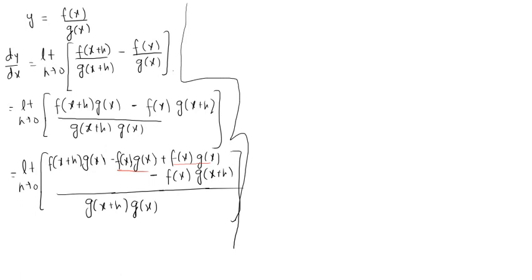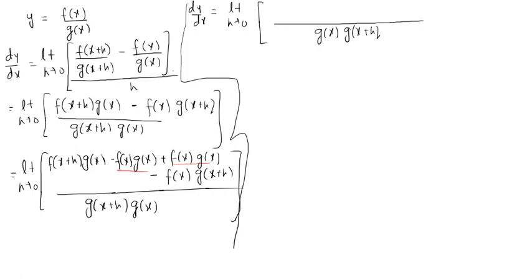So dy by dx can be written as limit h tending towards 0. Let us keep g(x) into g(x+h) as it is, and finally we will substitute h equal to 0. And there is one h here also, sorry, I forgot to mention, this is divided by h also, so it is multiplied by 1 over h.